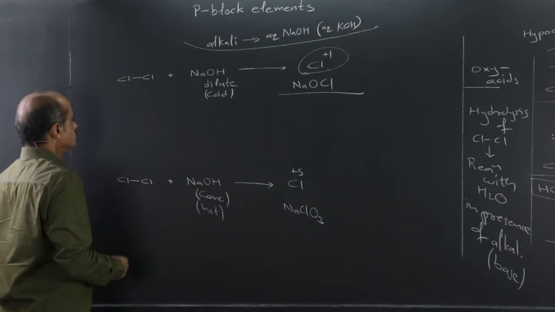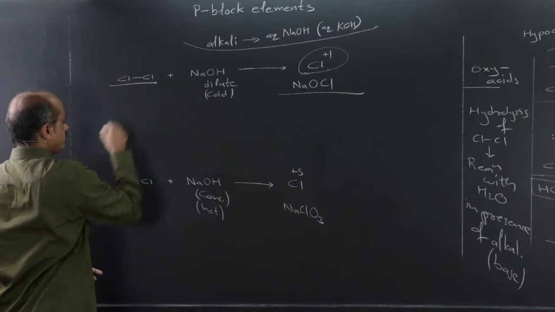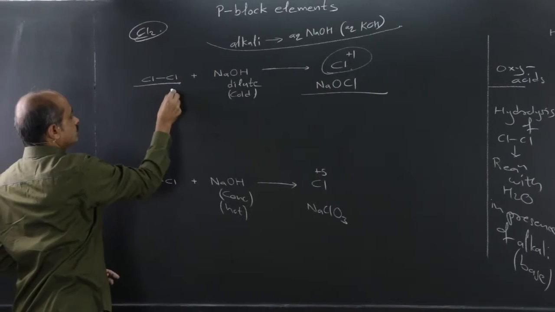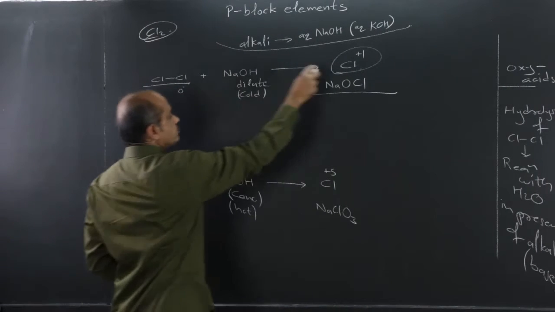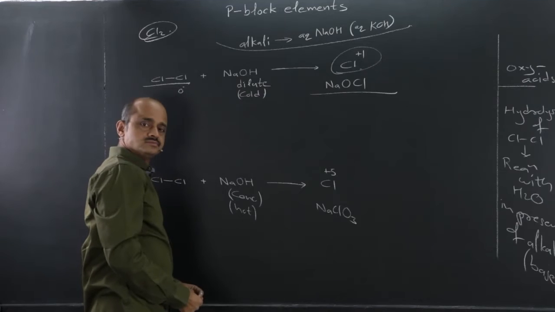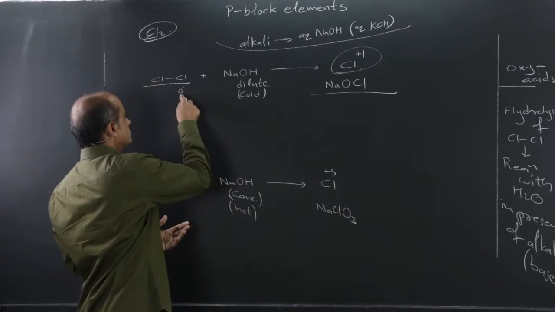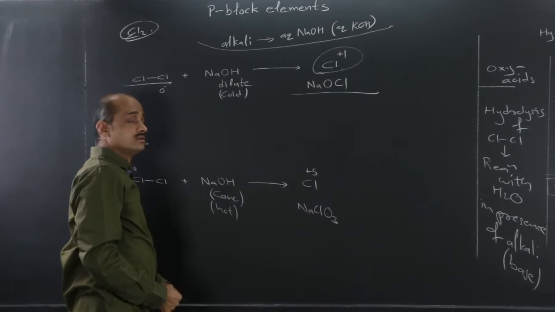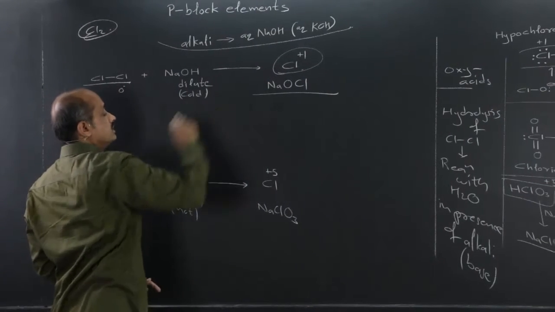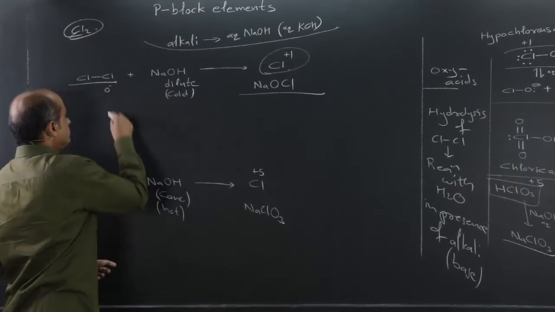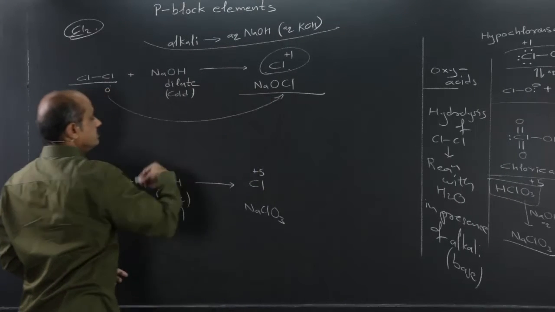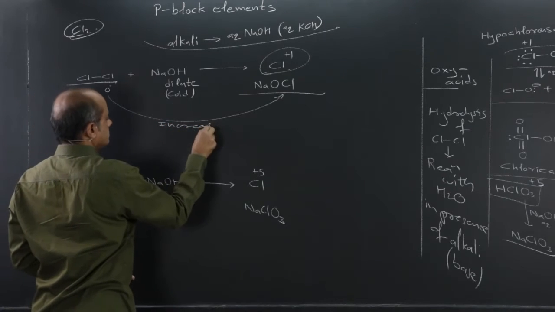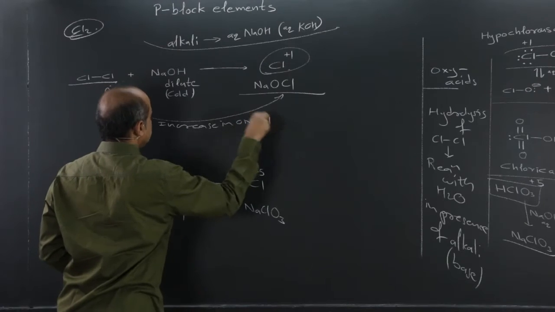Now one more thing: chlorine with oxidation number 0, we can write in this fashion, or as the molecular formula Cl2. Oxidation number 0 changes to +1. Since chlorine has undergone oxidation, it has released electrons, and 0 changing to +1 means an increase in oxidation number by 1.